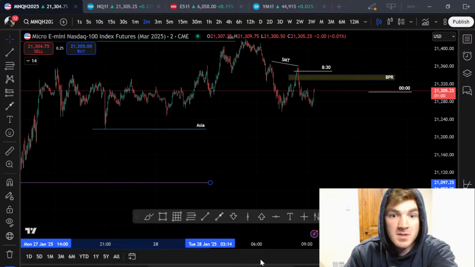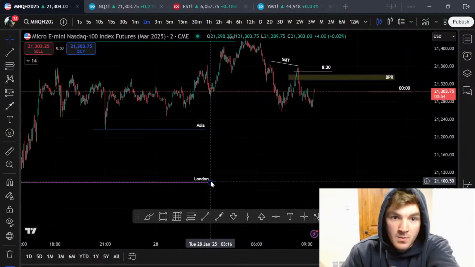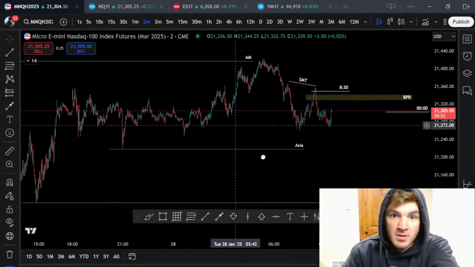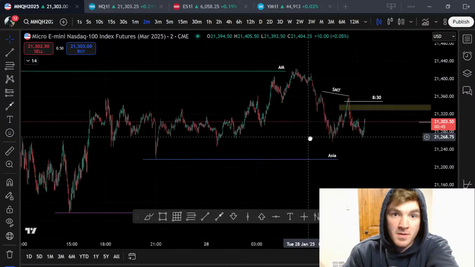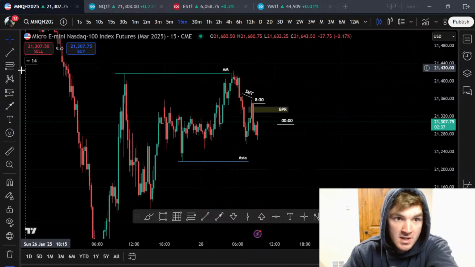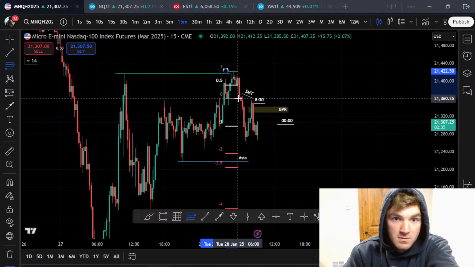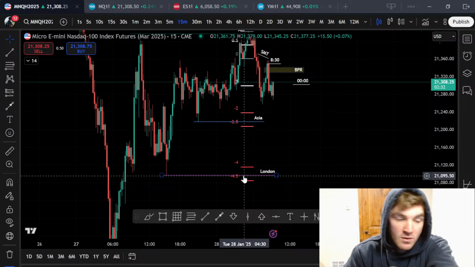So once again, for anyone who's just now joining, the idea is we got Asia and London below. We've swept out AM's highs. If you measure out standard deviations of this final move higher, so you can consider this the final manipulation leg, you can see the 2 to 2.5 lines up with Asia, and the 4 to 4.5 lines up with London.